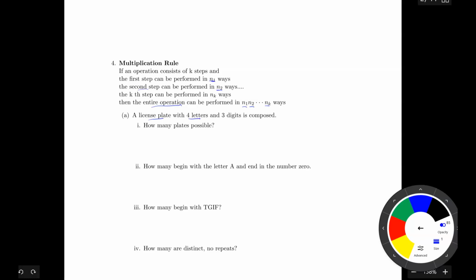So a license plate with 4 letters and 3 digits. How many license plates are possible? It doesn't tell me about the order, so I'm just going to multiply them all together, because multiplying order doesn't matter, right? So there's 26 choices for each of the 4 letters. And then how many choices are there for the digits?